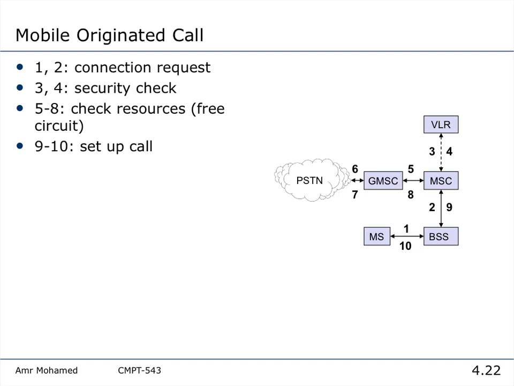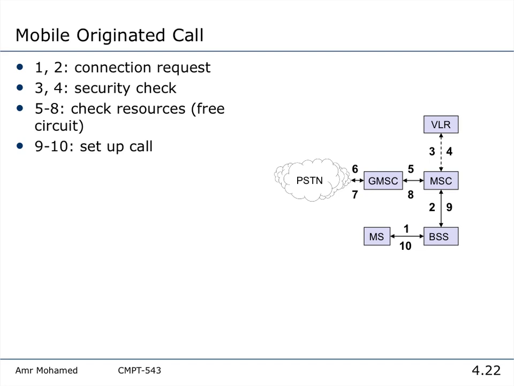The other way around is very easy, because we don't have to do a broadcast. From the cellular network, we know exactly that this MS is initiating the call. So the mobile station needs to make the call, initiate the call. In that case, we don't have to broadcast. Right? Broadcast is done because all of us are connected wirelessly and we have to broadcast to find where this MS is.